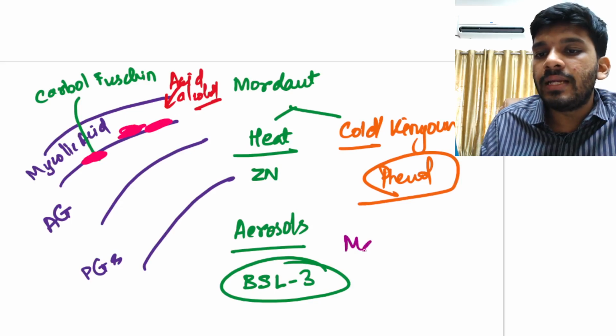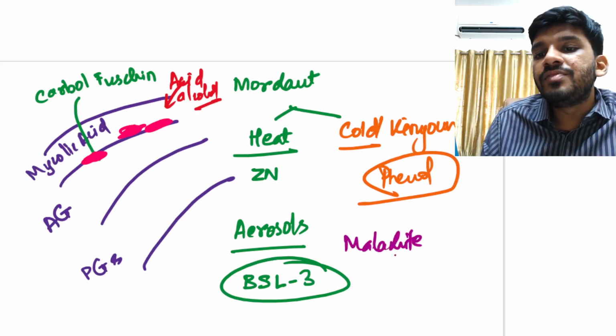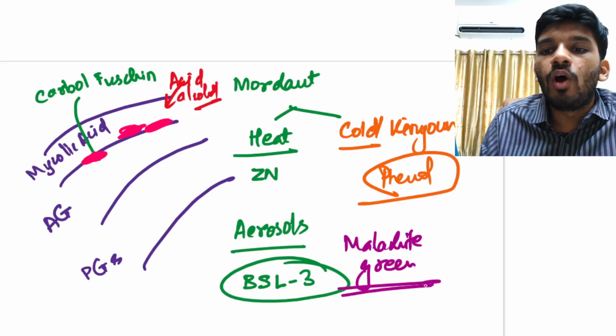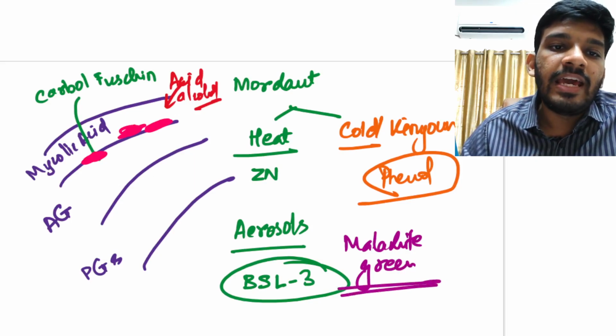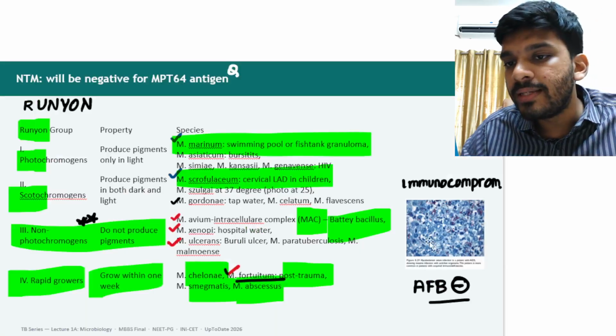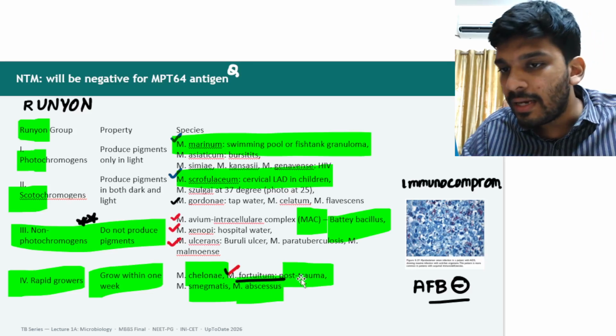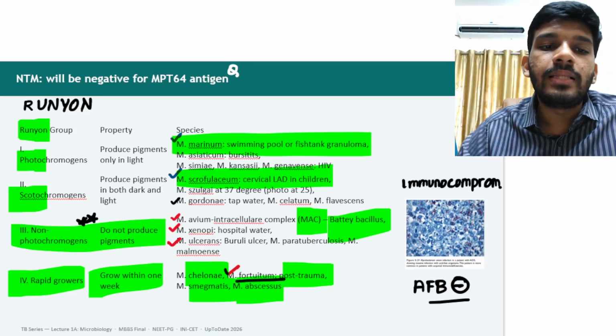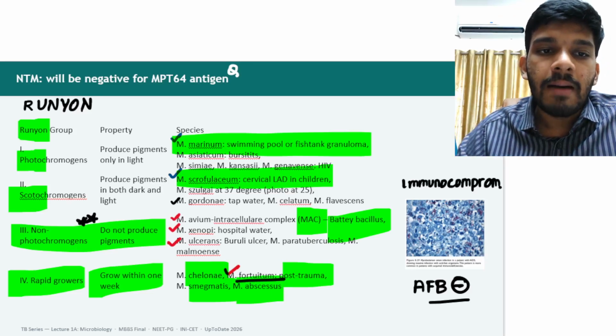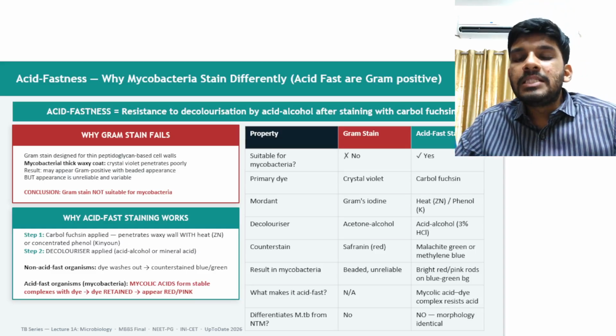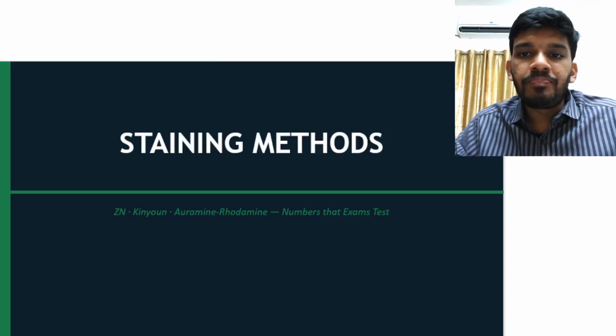The counter stain gives the green blue background that you will often see in an AFB smear slide. If you look at this slide here, the blue background is due to the counter stain, and on top of that, the small pink things that you see are the acid fast bacilli. That is the principle of acid fast staining.